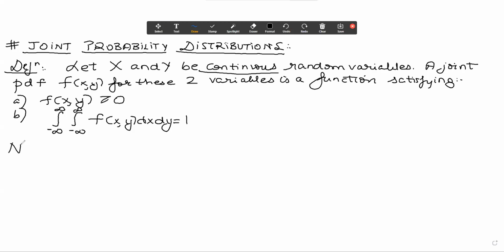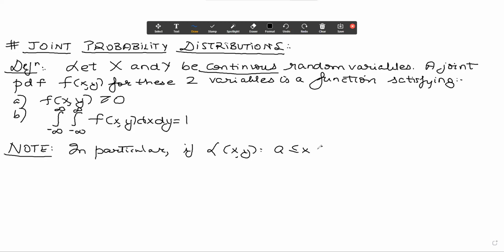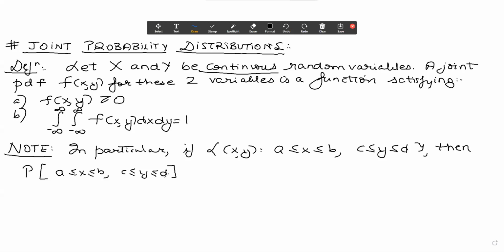Then we had done a note also. In particular, if the set of x comma y is such that x lies between small a and b and y lies between c and d, then the probability that x lies between a and b and y lies between c and d, where x and y are continuous random variables, is the integral a to b, integral c to d, f of xy dx dy.